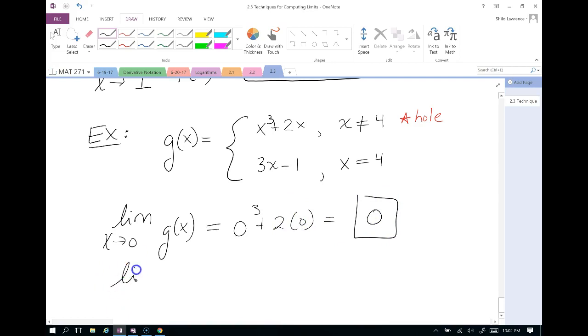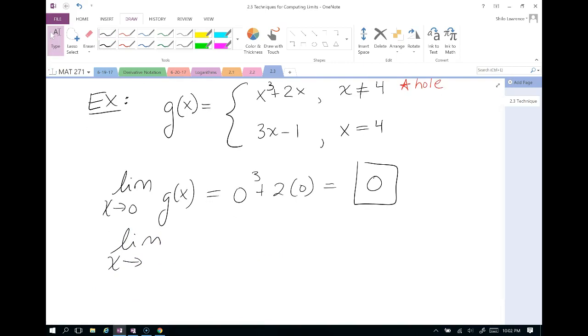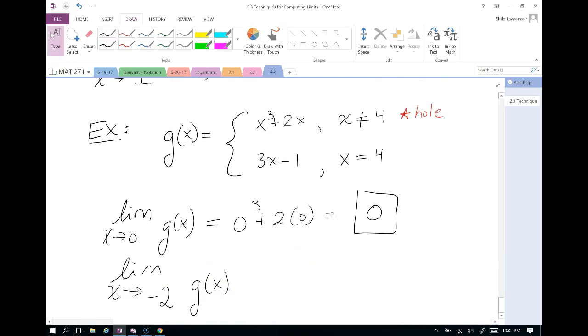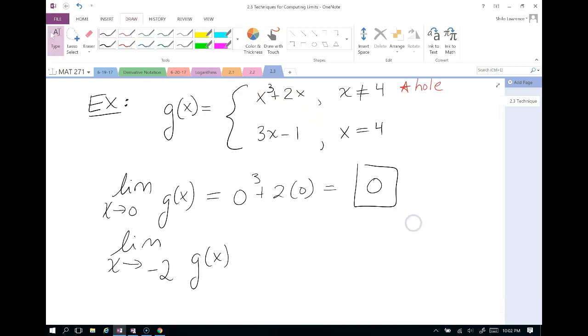And what about the limit as x approaches, let's say, -2 for g of x? G of x is going to take on an x value of -2 using the x cubed plus 2x expression.